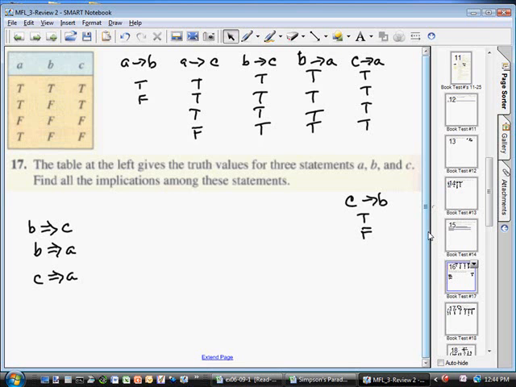Well, here's your table. How in the world can I find out if there's any implications? Answer, I've got to find out all of the possible if-then combinations. Whoa. Okay, well, what are all the things I could do? I could do if A then B, if A then C, if B then C, if C then B, I've got all these combinations.